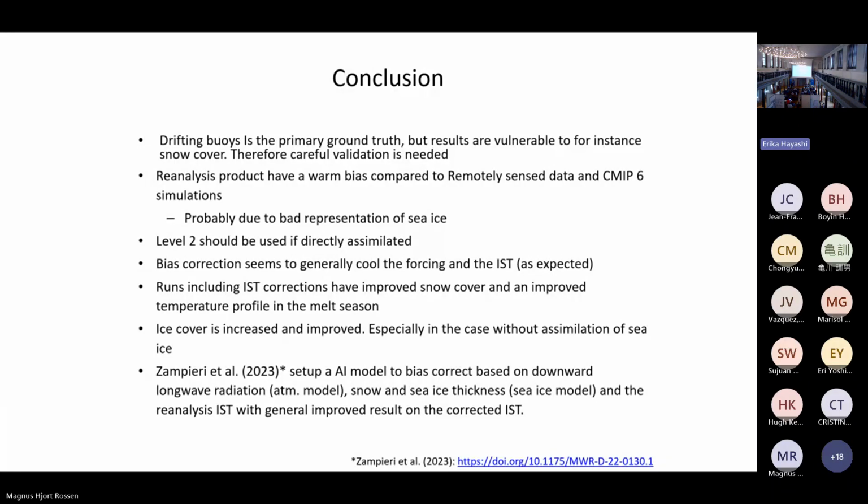And that makes sense, that the state of the ice and snow is one of the problems in ERA5. Then including that in your correction method is a valid thing to do. So yeah, thanks for your attention.